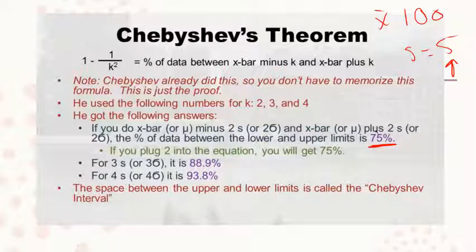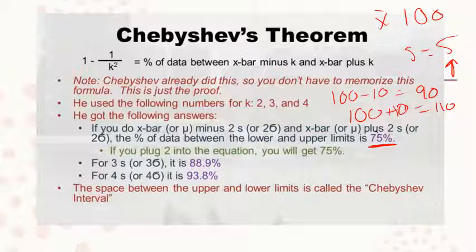To find your lower limit, it would be 100 minus 10, which would be 90. And to find your upper limit, we would go 100 plus 10, and that would be 110. So these are your upper and lower limits for that situation.